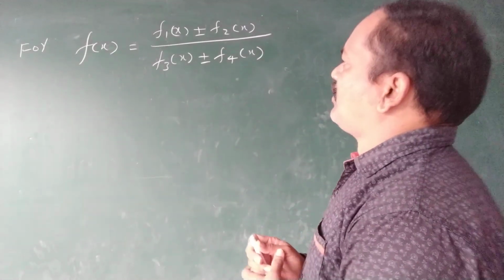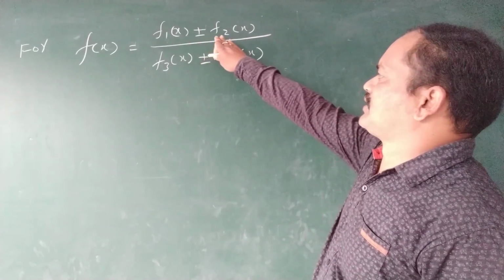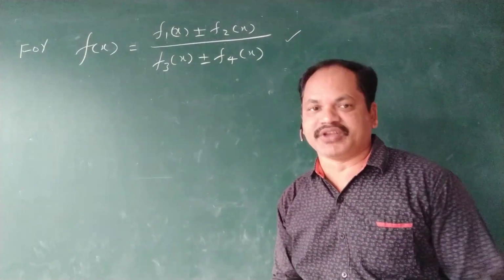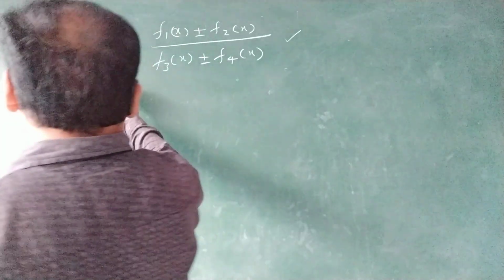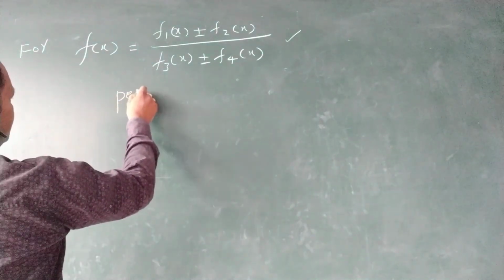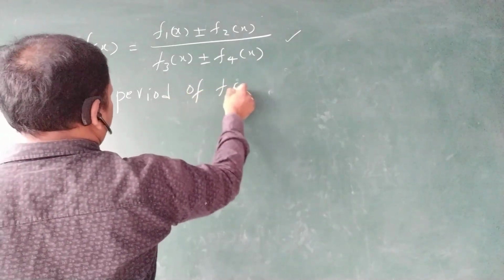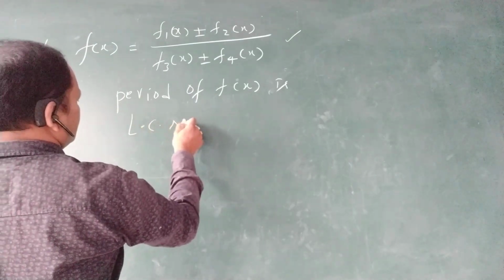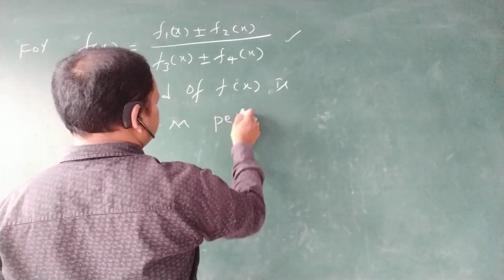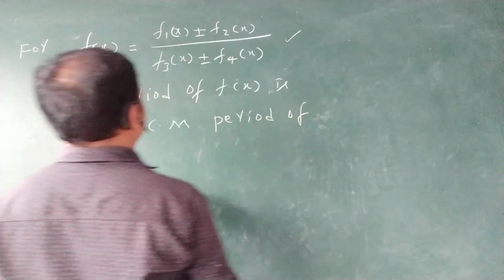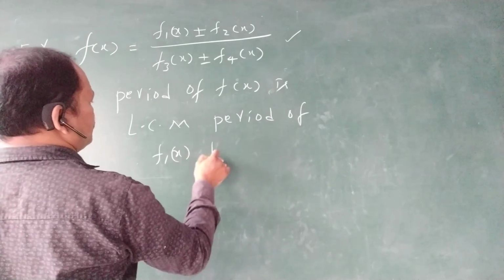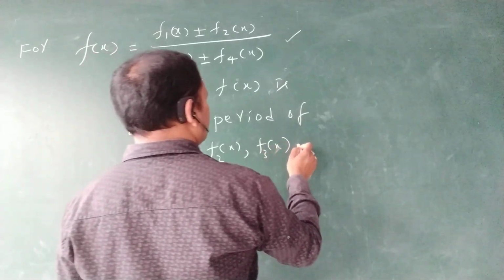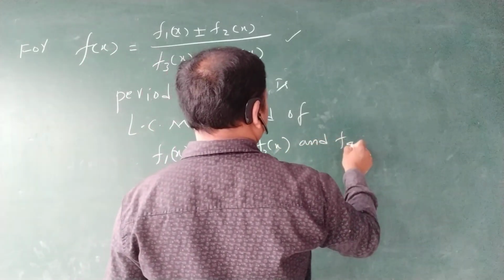If the function is in the form of f1 of x plus or minus f2 of x by f3 of x plus or minus f4 of x, then the period of f of x is the LCM of the periods of f1x, f2x, f3x and f4x.